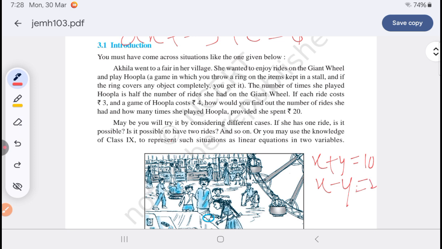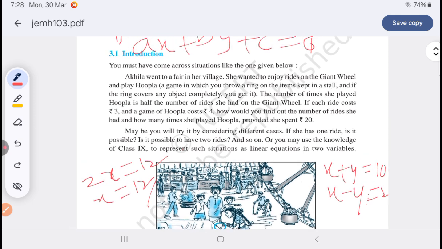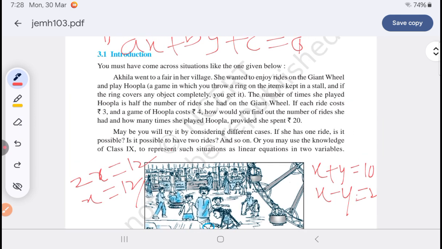So adding both equations, you'll get 2x equal to 12. Then you can find x equal to 12 by 2.